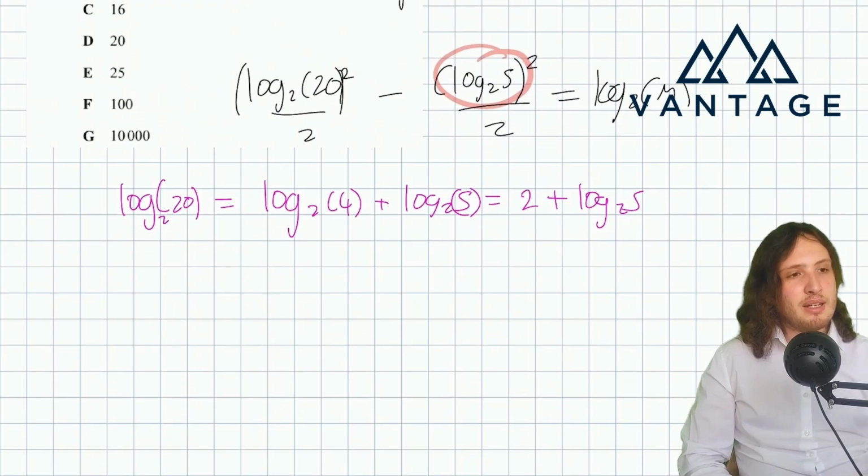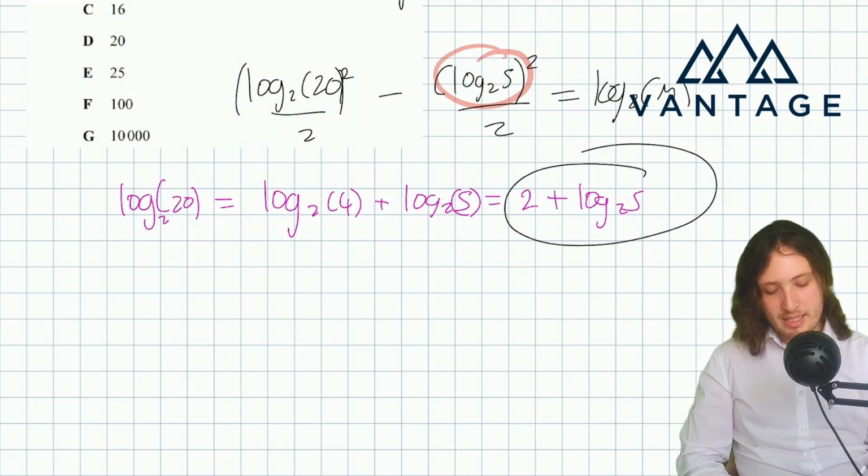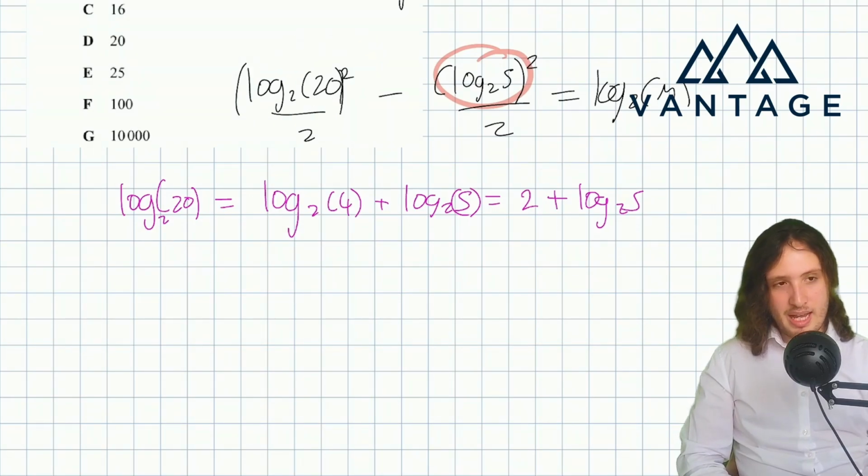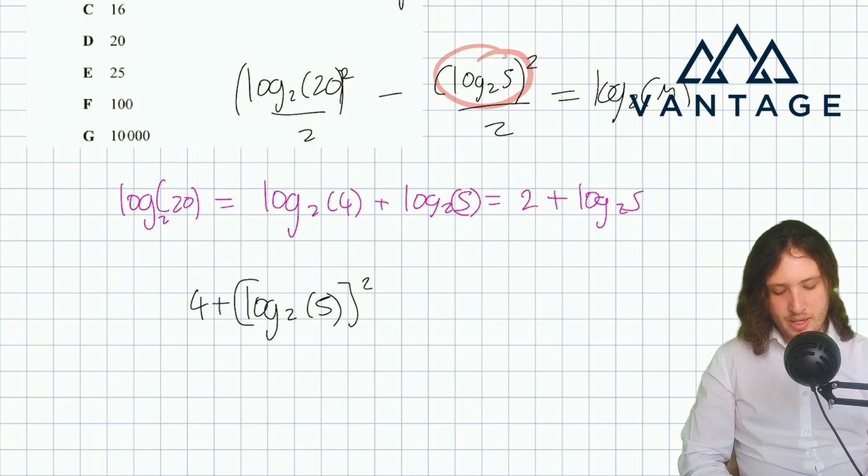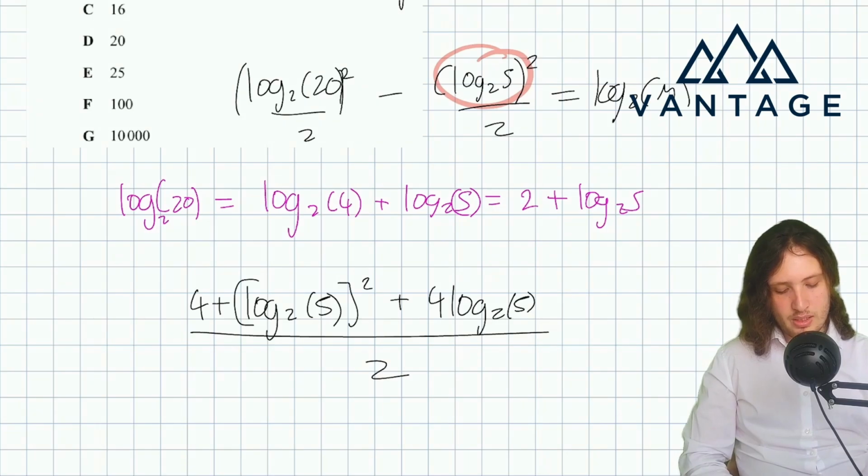So if I square this there, I'm going to get 4 plus log base 2 of 5 squared plus 4 log base 2 of 5, and that's still all over 2, minus log base 2 of 5 all squared over 2.